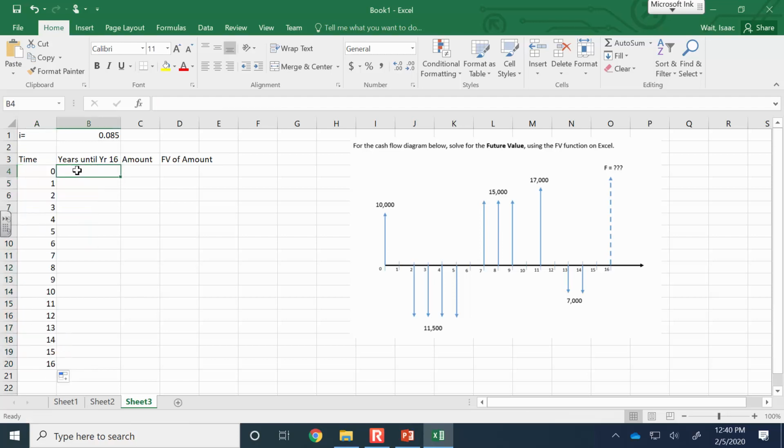For the years until year 16, I do equals 16 minus whatever year it is, and that way you don't have to type it in manually, because there's always an easier way.